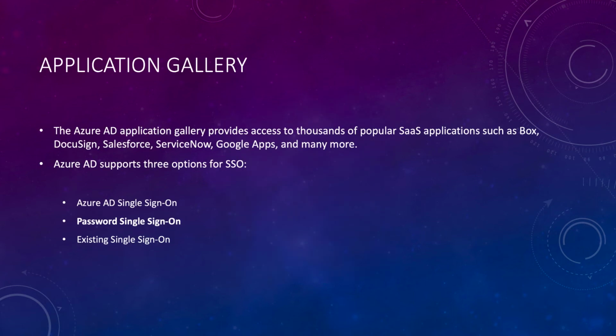So let's talk about the application gallery, which is the next service that can actually benefit a lot from the SSOs. The Azure AD application gallery provides access to more than, I believe, 2,500 popular software as a service applications such as Box, DocuSign, Salesforce, ServiceNow, Google Apps, and many more.